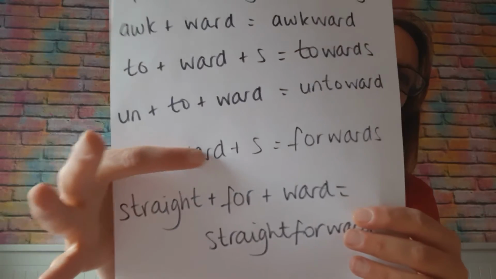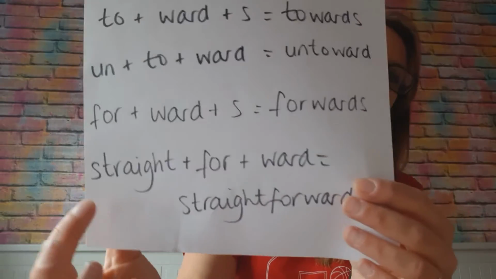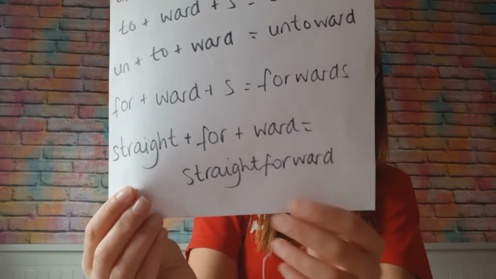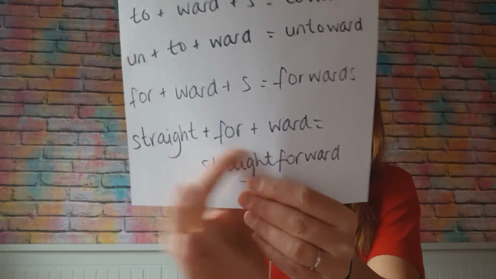We've got forwards, so obviously that's going in a forward direction, because you're going for something, like front. And then straightforward, which lots of people do write as 2 words. It can be written as 1 word, straightforward, and that means very direct, very clear. It is straightforward, it is straight in that direction.